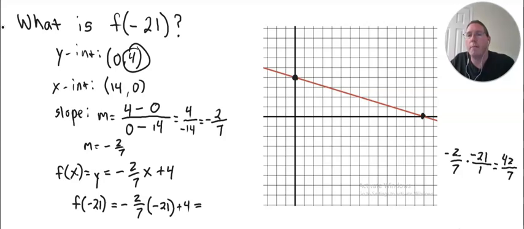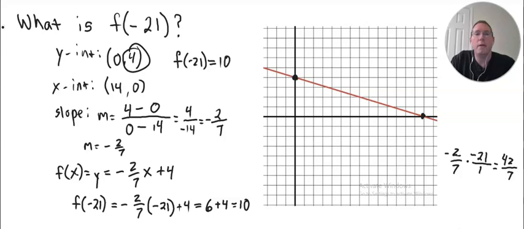And 42 divided by 7 equals 6. You should have that memorized. 42 divided by 7 is 6. Therefore, what we're going to have here is 6 plus 4, and 6 plus 4 is equal to 10. And therefore, f of negative 21 is equal to 10.